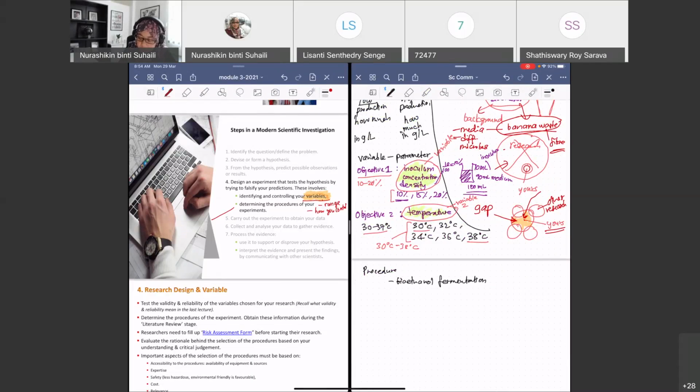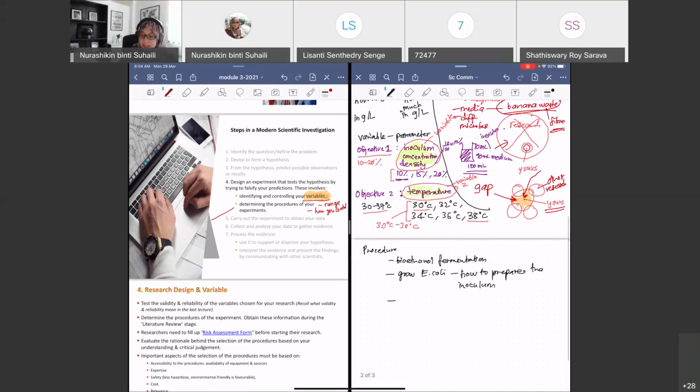But before that, you also have to know the methods, the procedure, how to grow E. coli, how to prepare the seed culture, how to prepare the inoculum. So you have to identify every step of it. It has its own procedure.